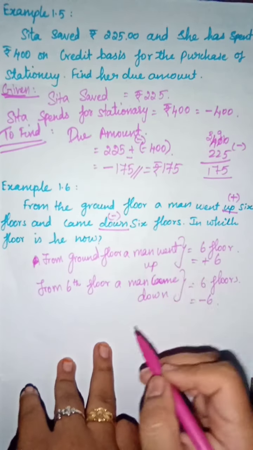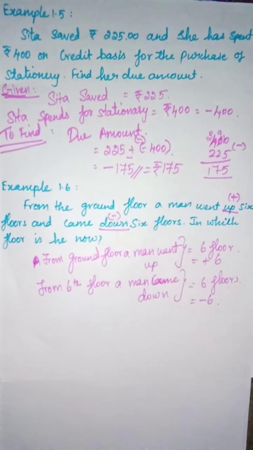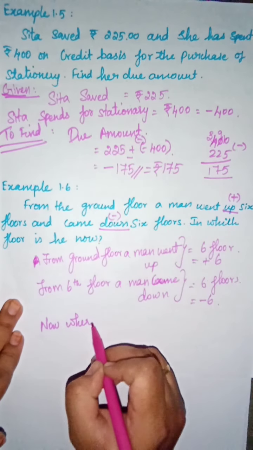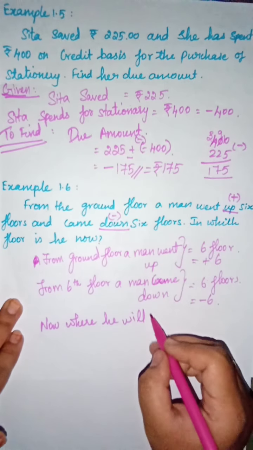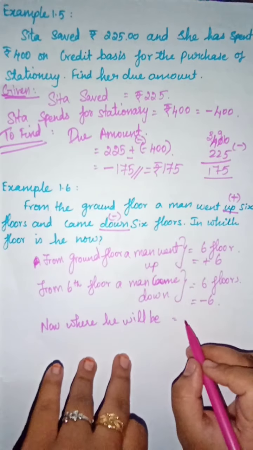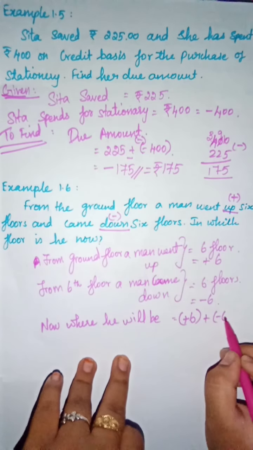Okay, now what we have to do? Now where will he be? You can write it. So how can we find it out? You have to add these two numbers. So while adding, here plus 6 and minus 6.